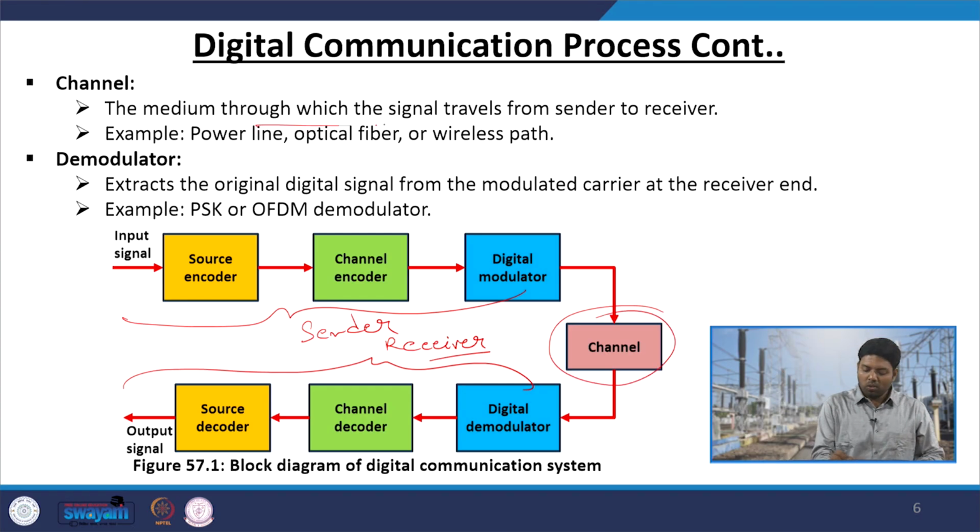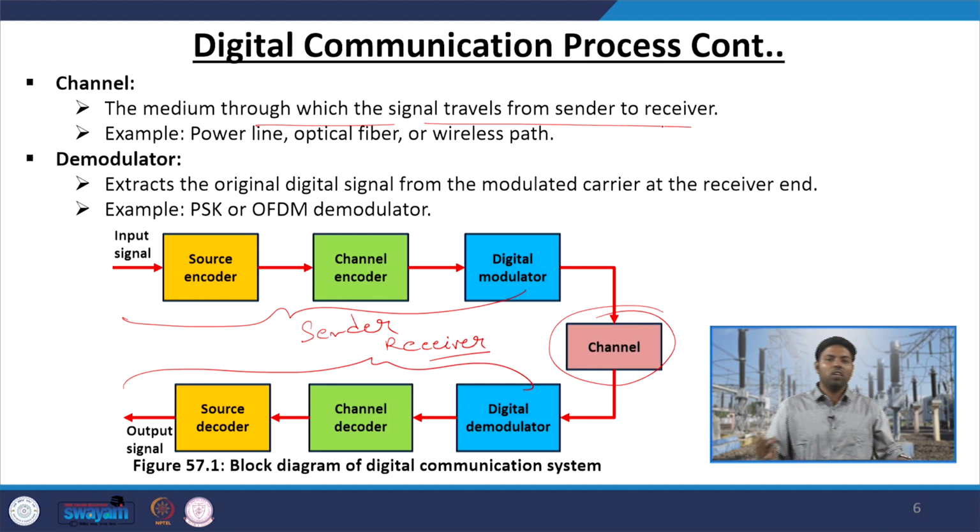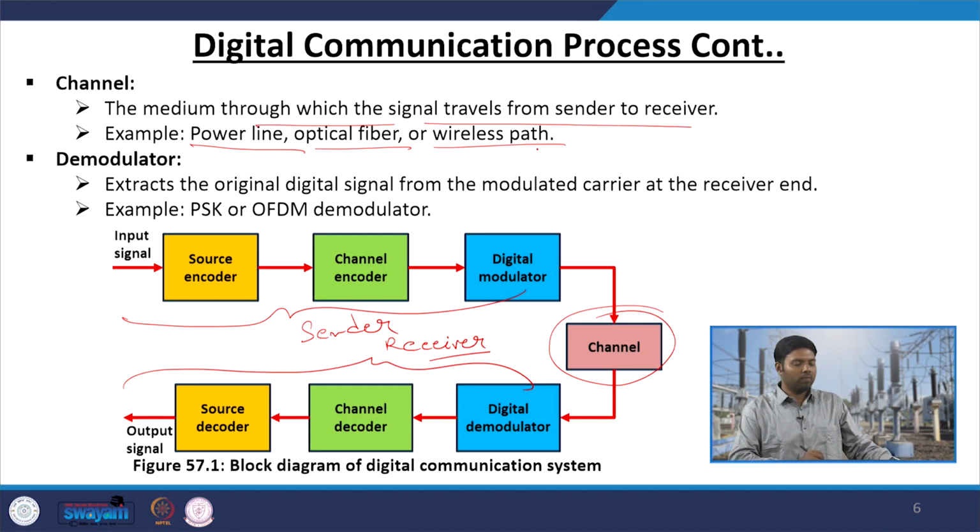That medium through which the signal travels from sender to receiver can be power line communication, optical fiber or any kind of wireless path. Then the data reaches your receiving end through the communication medium.